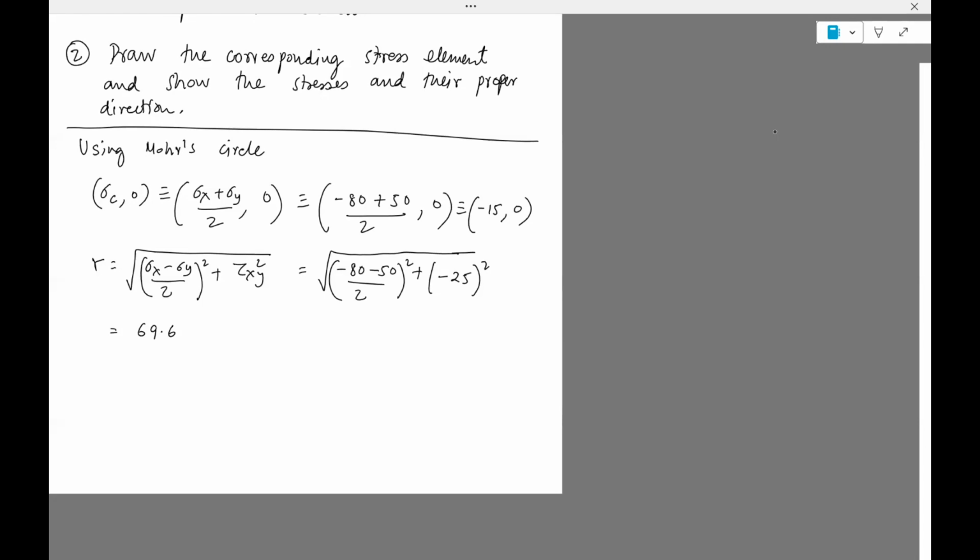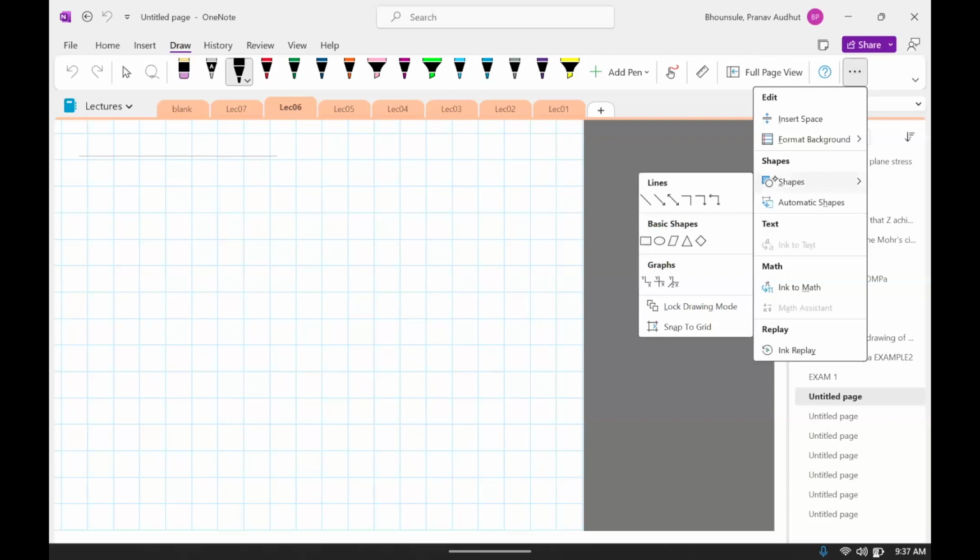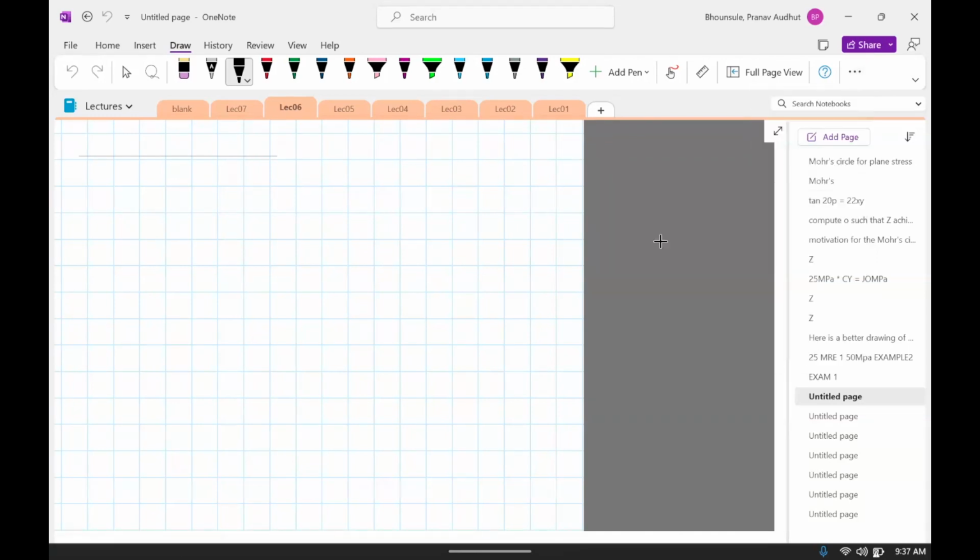Okay, so center is known, the radius is known. Let's go ahead and plot this, draw the Mohr's circle and show these coordinates. I need to be mindful of this. It's minus 15 and then the radius. So let's do that. I'm just going to draw a circle, remembering the debacle I had last time where it was all messed up.